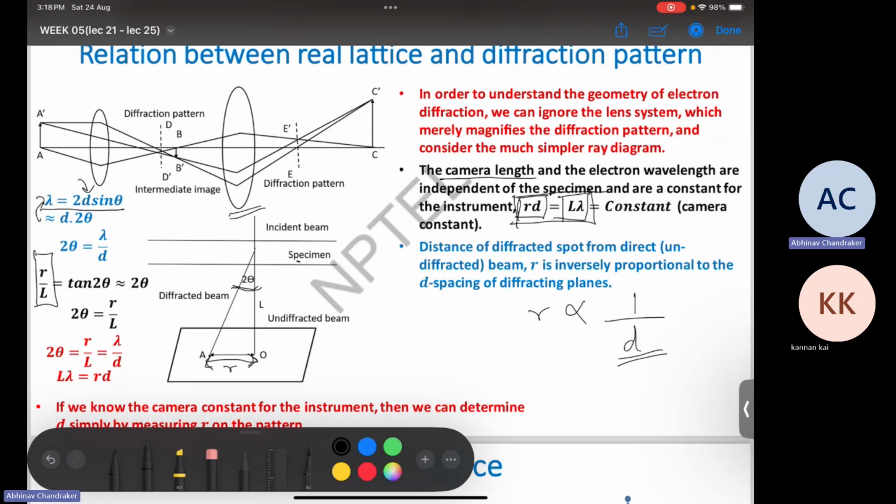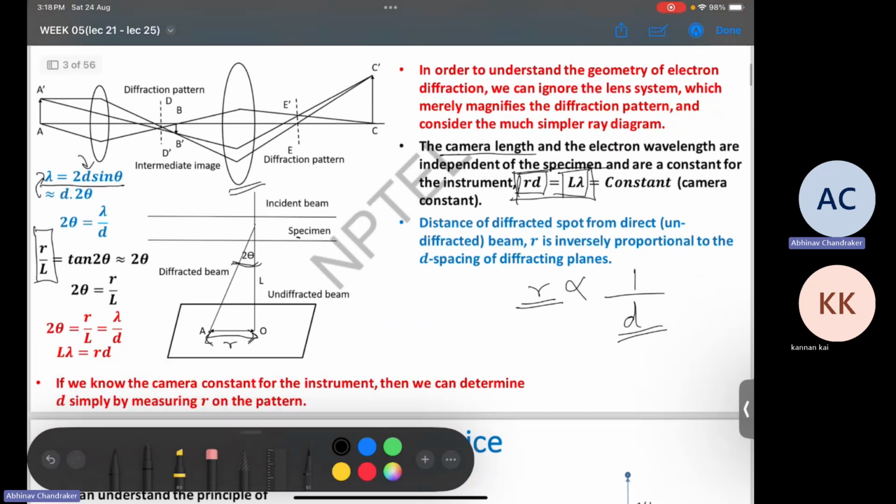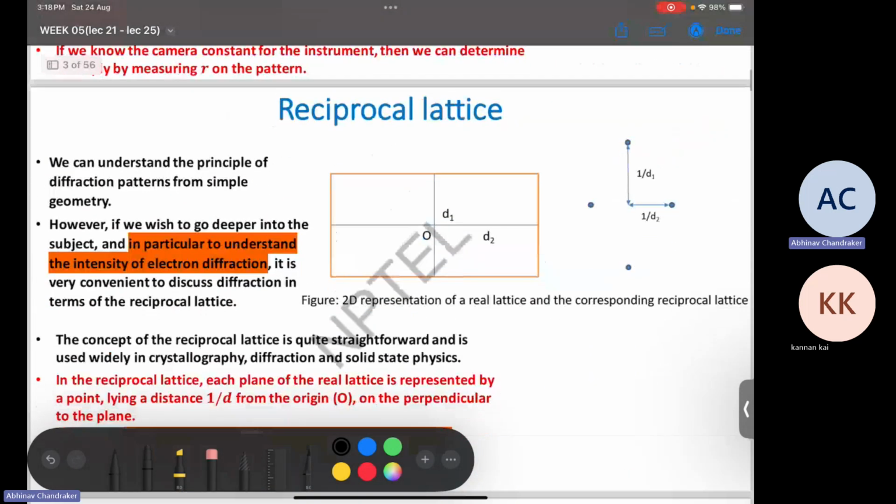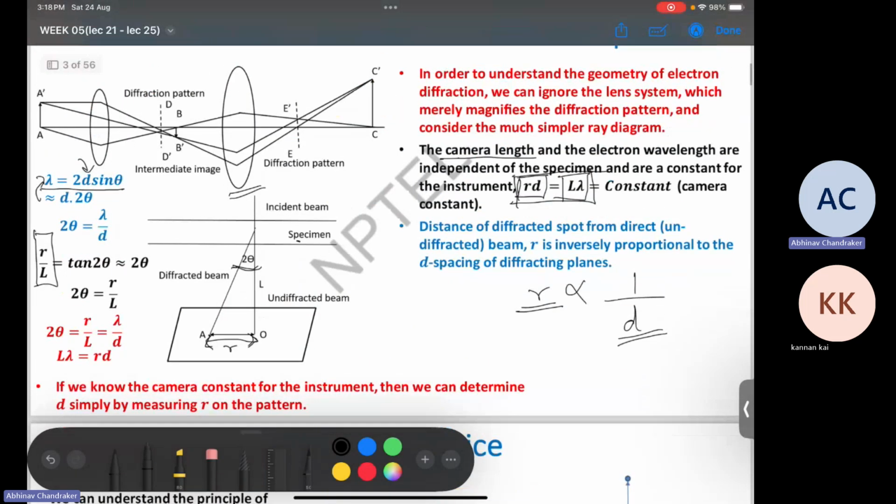And by measuring the distance of the direct beam from the diffracted beam, you can get the value of small d, and from this you can get information related to both the orientation of your material, by knowing what is the plane that is diffracting, as well as the atomic spacing between the atoms in your material, right? So because of this, camera constant is important.